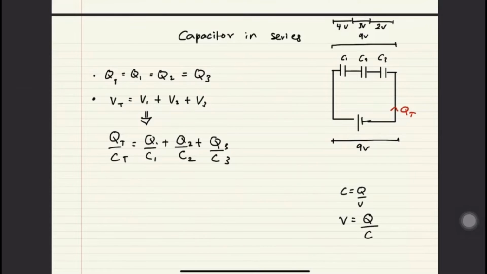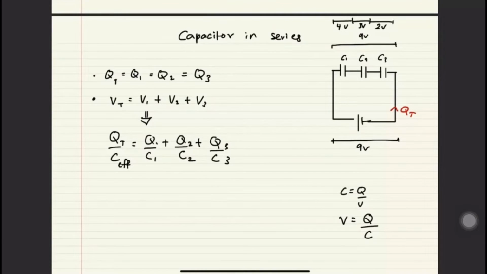So it means Q total is really Q total. C total is actually C effective. It means the total capacitance in the circuit is basically the C effective, the C that plays the role.